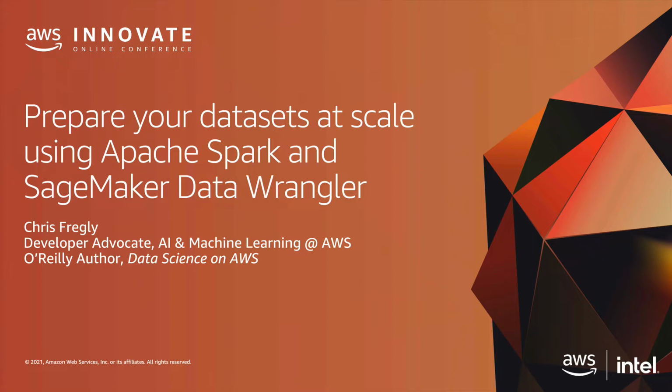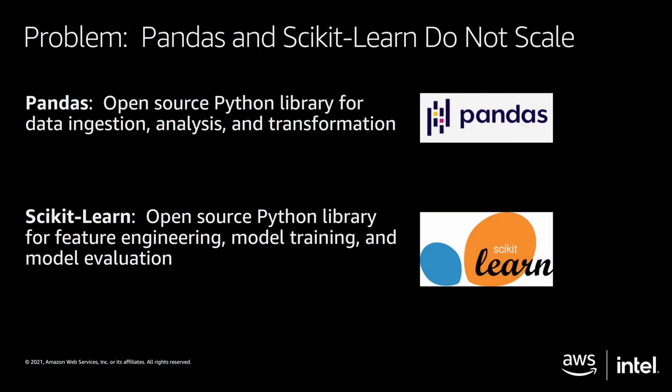Today we'll be talking about preparing your datasets at scale using Apache Spark and SageMaker Data Wrangler. The problem that we're trying to solve is that pandas and scikit-learn, which are very common Python libraries for data exploration and classic machine learning, do not scale beyond a single instance or beyond just your laptop, for example.